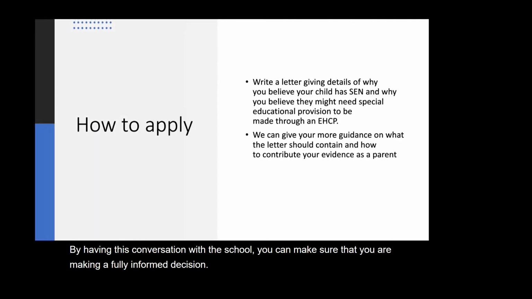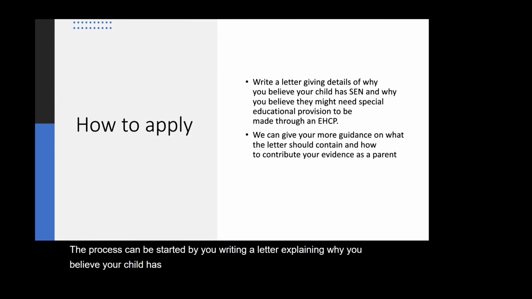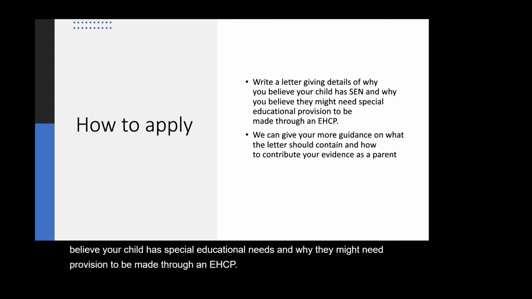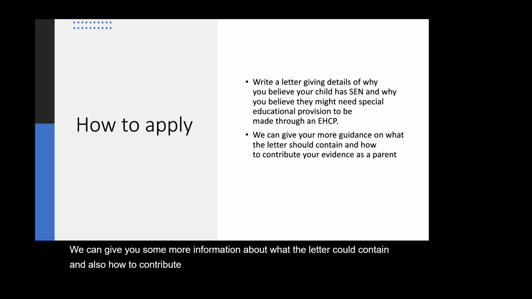The process can be started by you writing a letter explaining why you believe your child has special educational needs and why they might need provision to be made through an EHCP. We can give you some more information about what the letter could contain and also how to contribute your evidence as a parent.